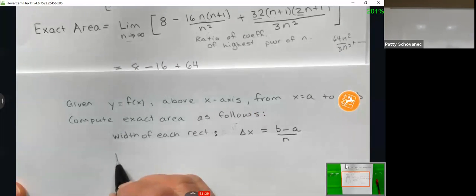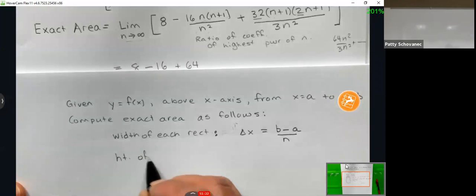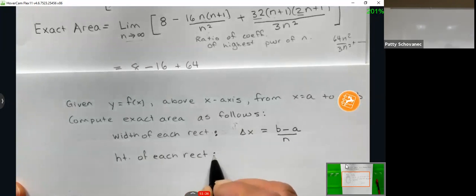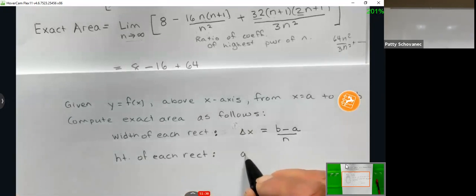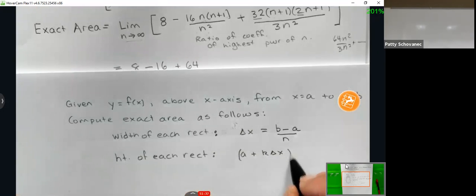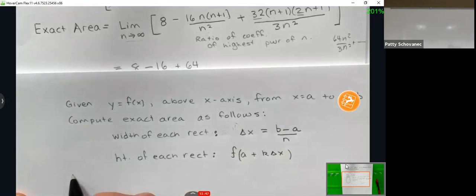Then we get the height of each rectangle. If we're using a right sum, we start with the right endpoint. We add k multiples of delta x, and then we evaluate f at that, where delta x is b minus a over n. And then we form this infinite sum.